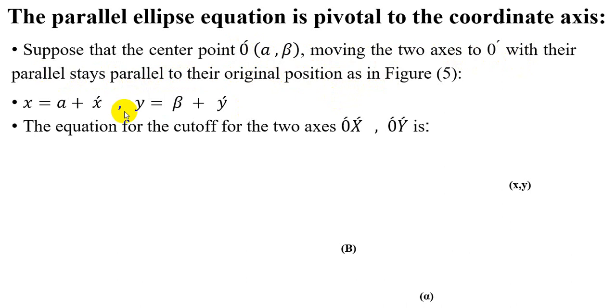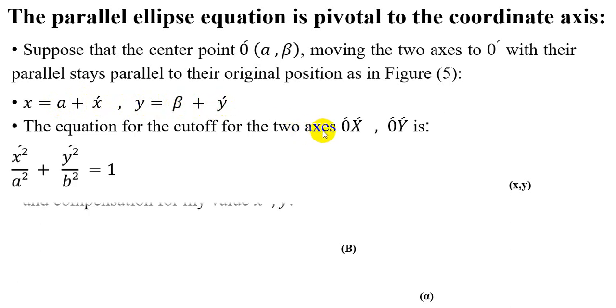Let's see what happens here. So x equals alpha plus x dash, y equals beta plus y dash. So we need to get OX dash and OY dash, and our equations will change like this.